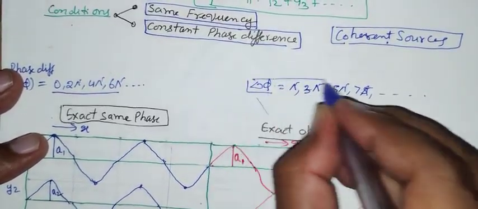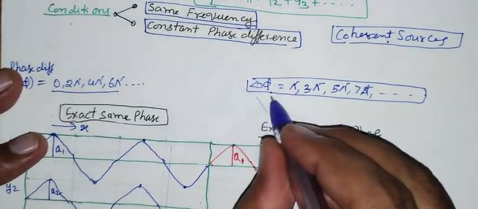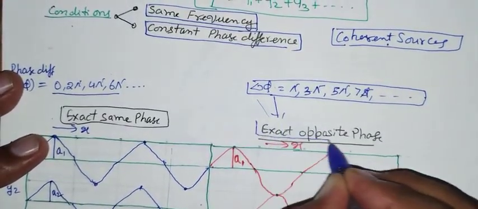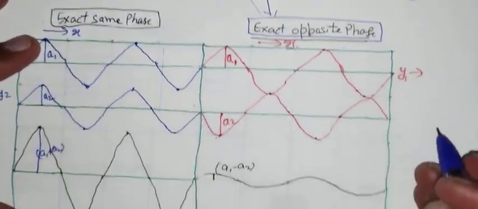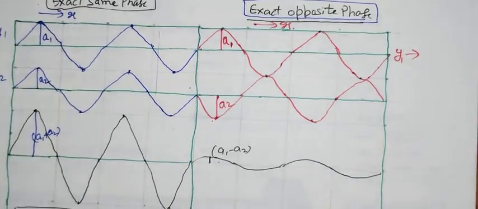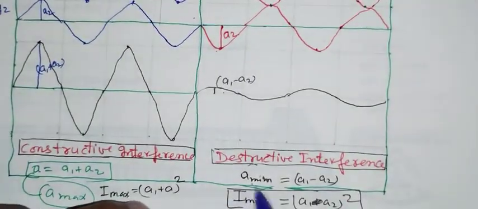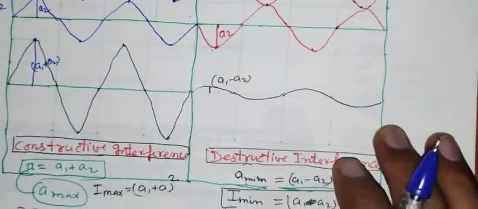In this condition, it is said that they are meeting in exact opposite phase, and the resultant wave's intensity becomes the difference of both. So minimum amplitude, minimum intensity, that is called a dark fringe.